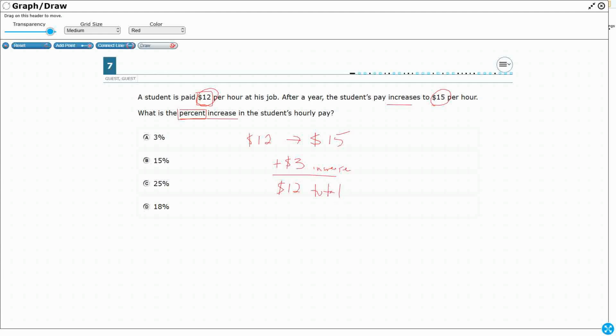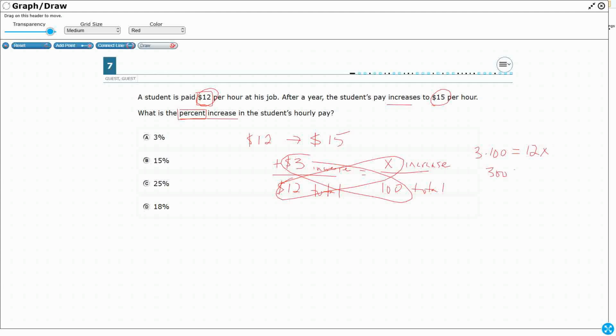We could set up a proportion, and we can just say X, that's the percent increase, and since it's percent, we need to make it out of 100. So that's going to be X over 100 to make that percent. Then we can use some cross multiplication here. All right, so we can say 3 times 100 equals 12 times X.